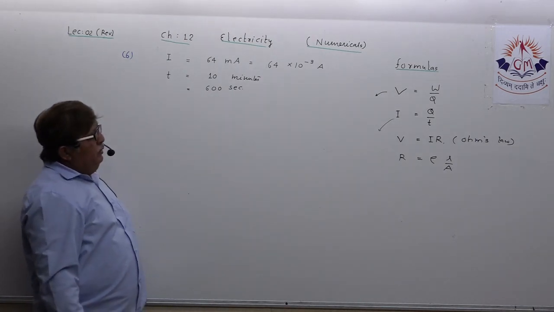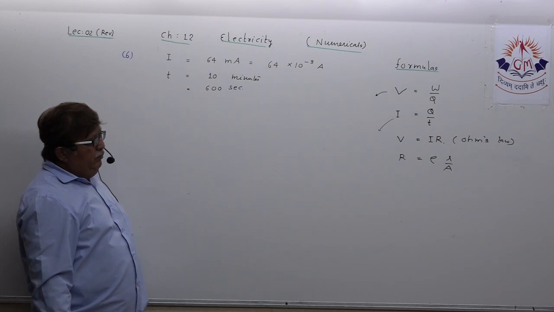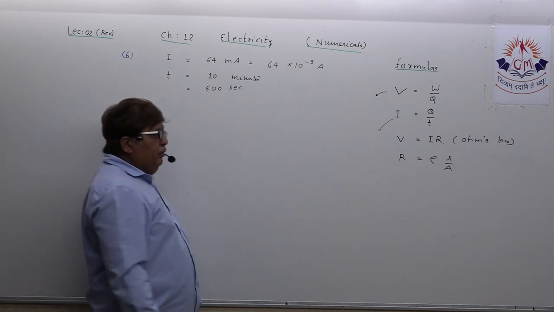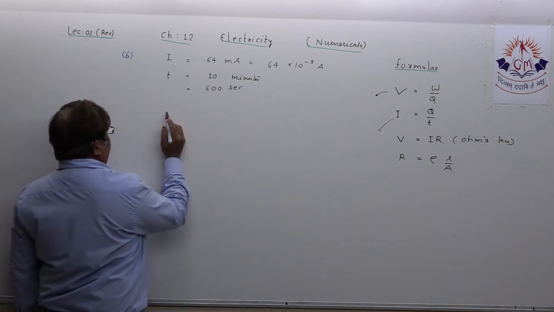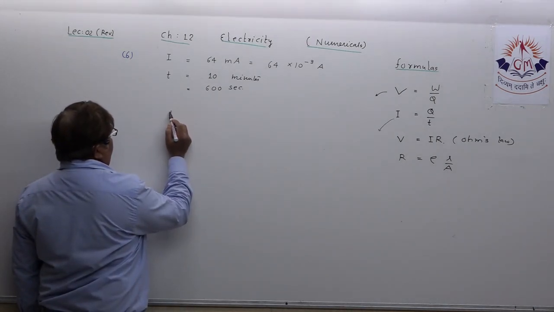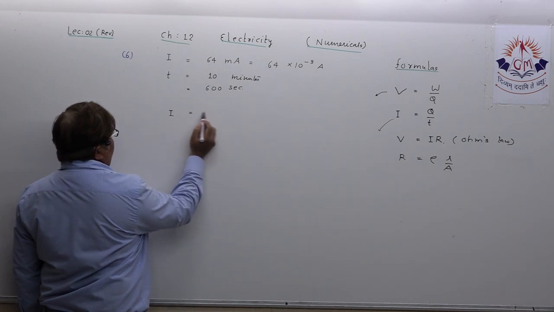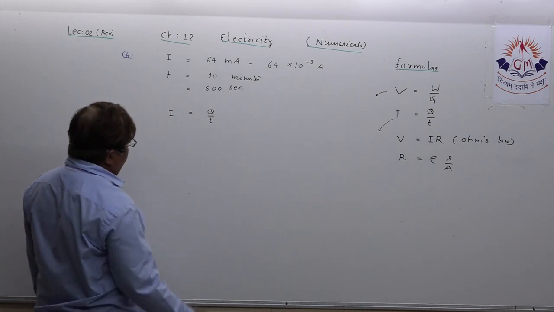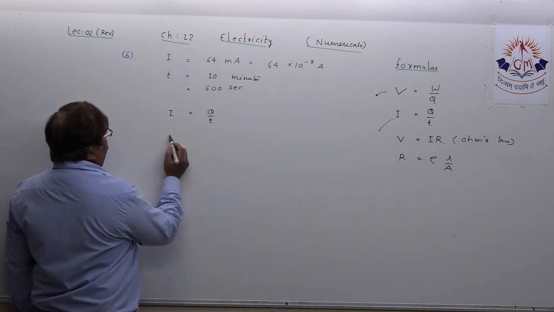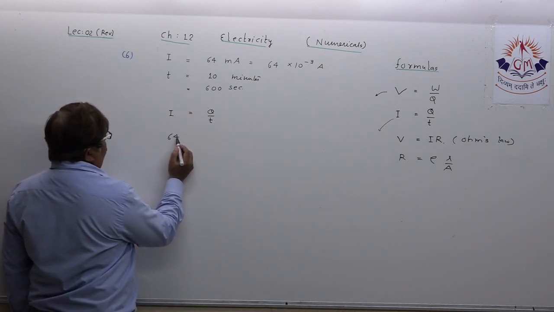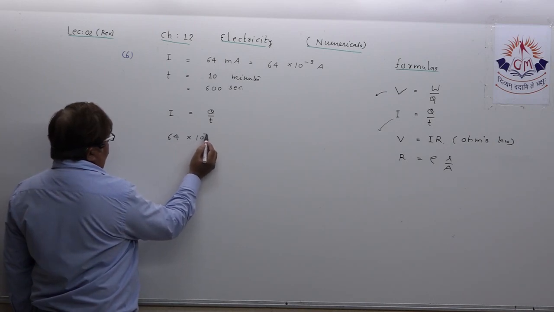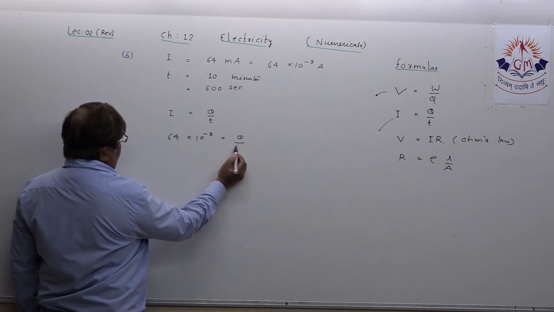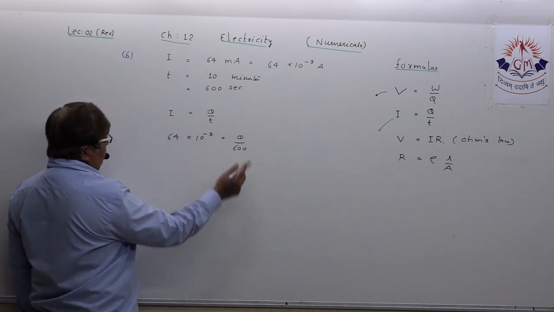Now, dear student, if you want to target the number of electrons, first you will utilize this formula, I equals Q upon T. What is the current given? 64 into 10 raised to minus 3 equals Q upon 600.